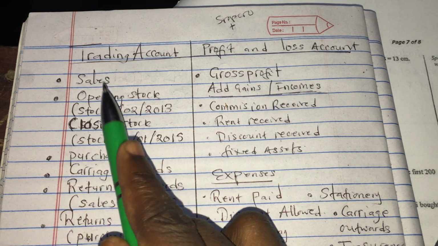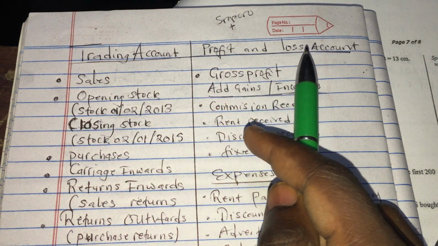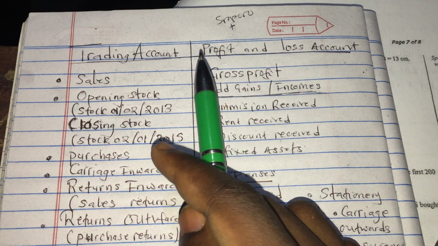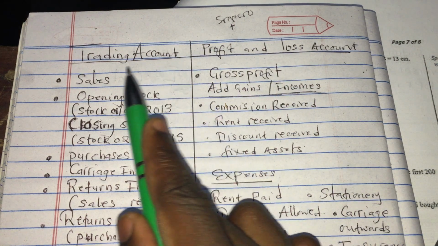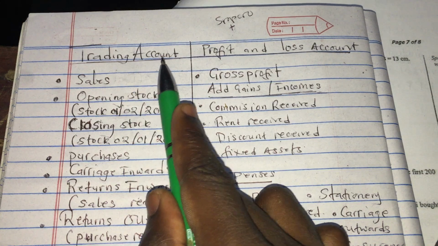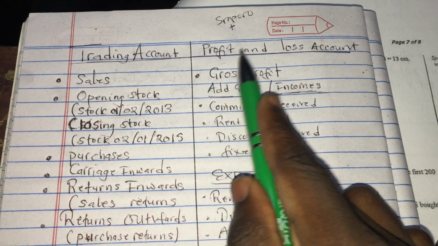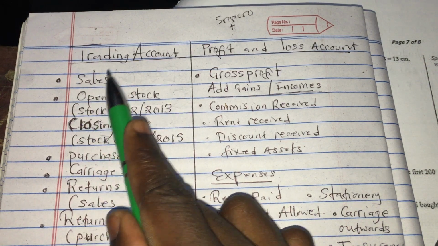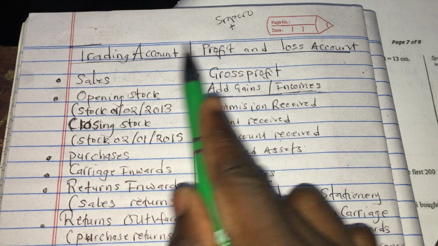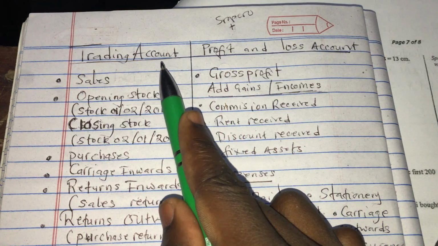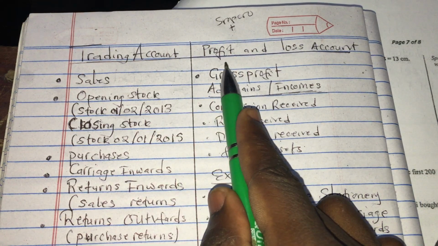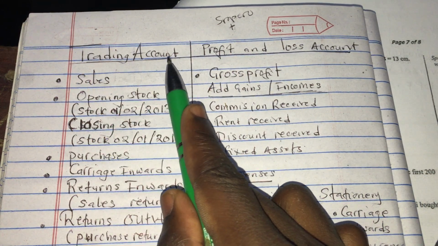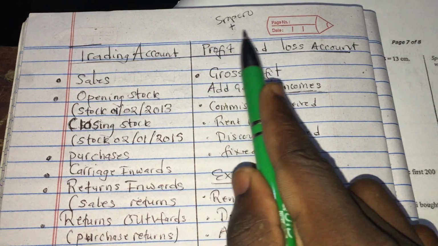It's called the trading profit and loss account because two things are involved. So we do have the trading account on its own and the profit and loss account. So if the question says prepare the trading and profit and loss account, they are simply asking you to prepare two things at once, to prepare the trading account and at the same time to prepare the profit and loss account.